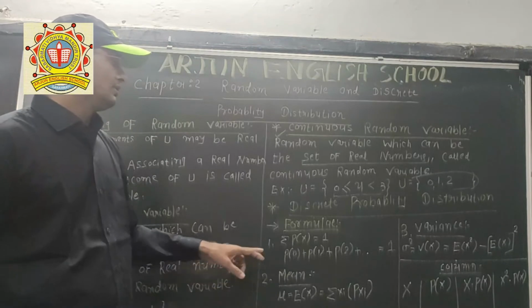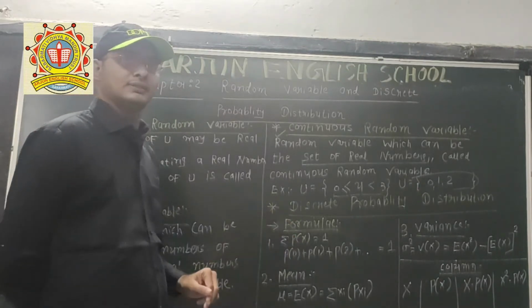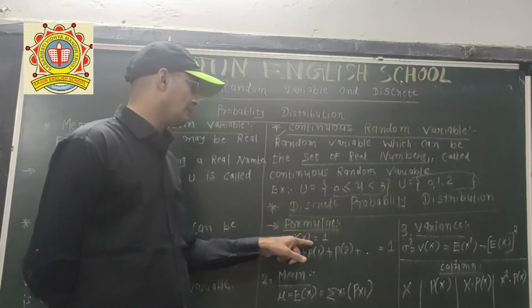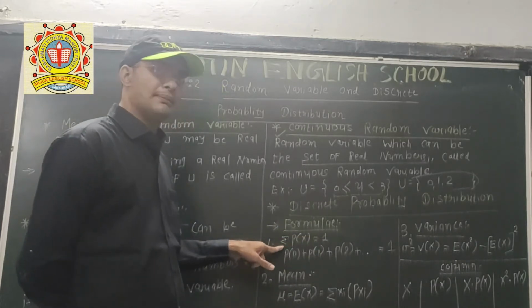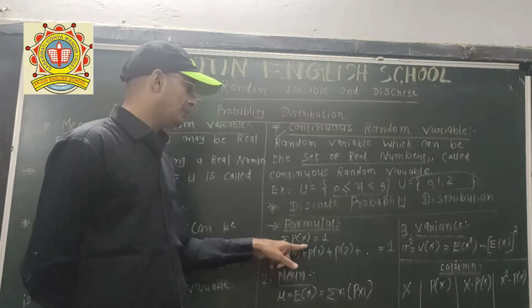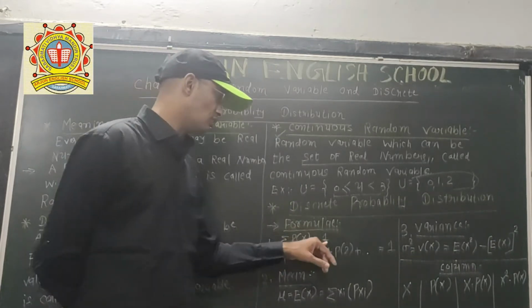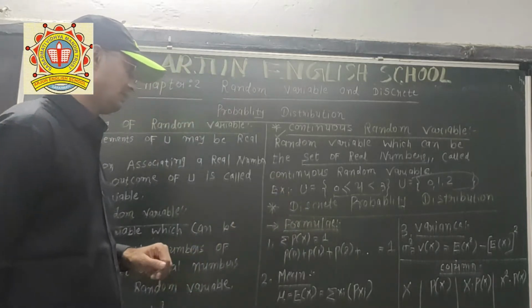It means sigma P of x, covering all the probabilities, is equal to 1. Sigma means sum, P of x means all the possibilities, and the sum of all the possibilities is equal to 1.